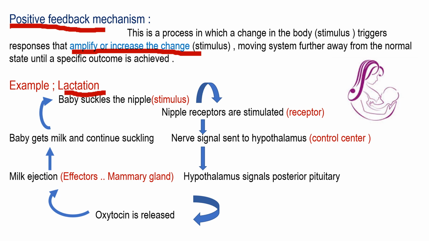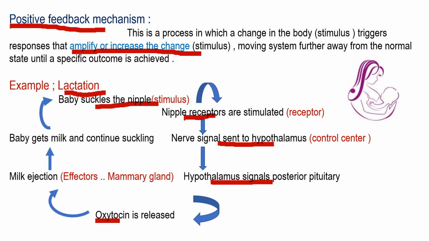When the baby suckles the nipple, that is the stimulus, then nipple receptors are stimulated. Nerve signals are sent to the hypothalamus, that is the control center. In response, the hypothalamus sends signals to the posterior pituitary gland, and this gland secretes oxytocin hormone.